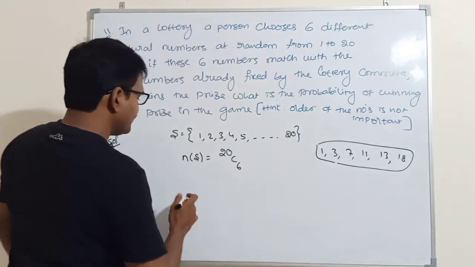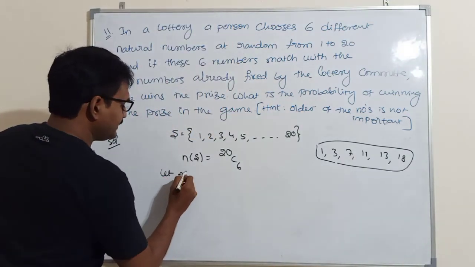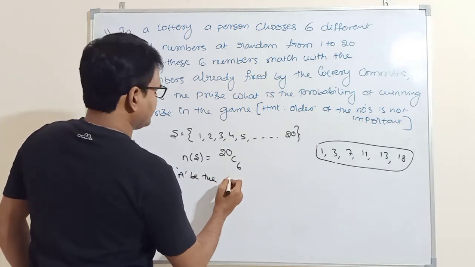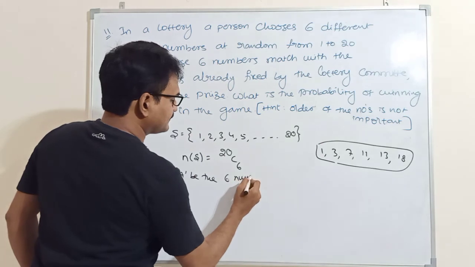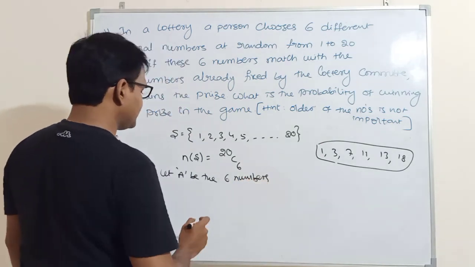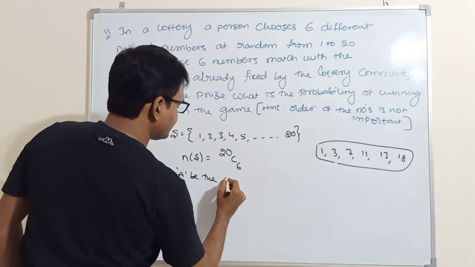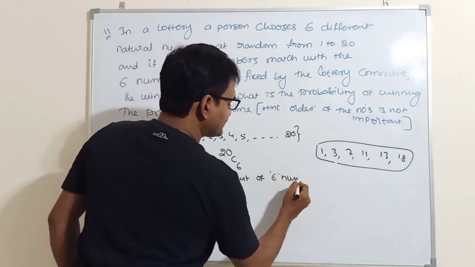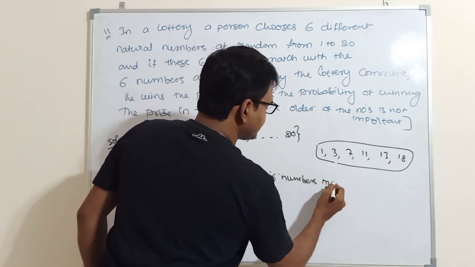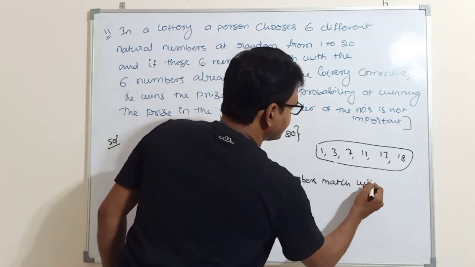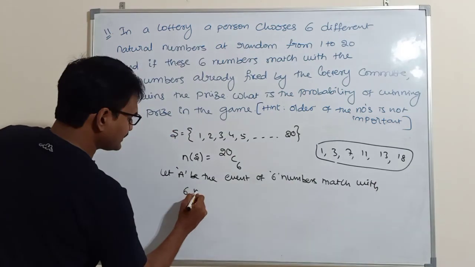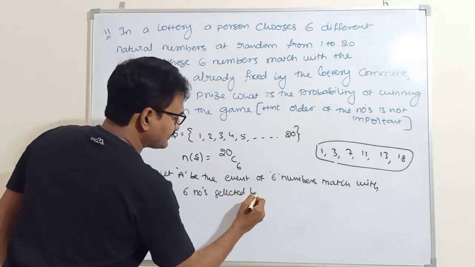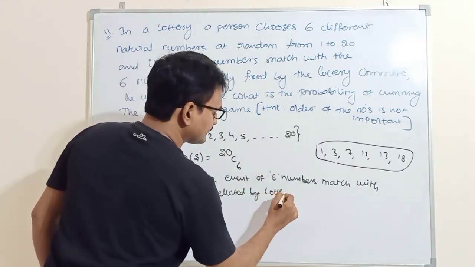So let A be the event of 6 numbers matched with the 6 numbers selected by the lottery committee.